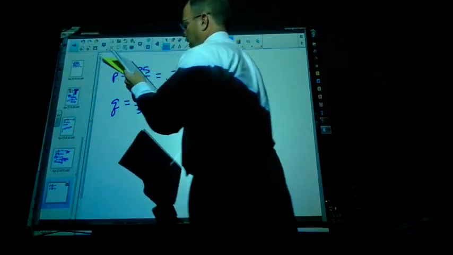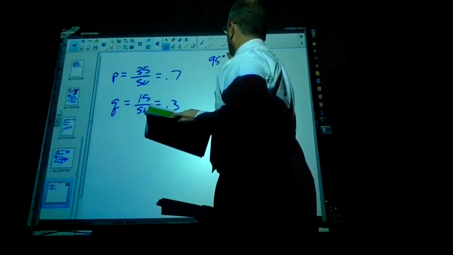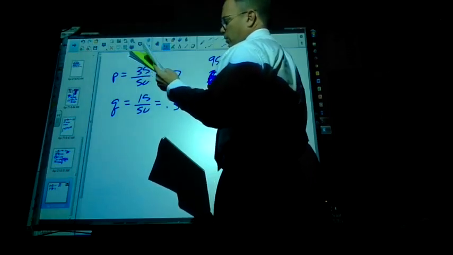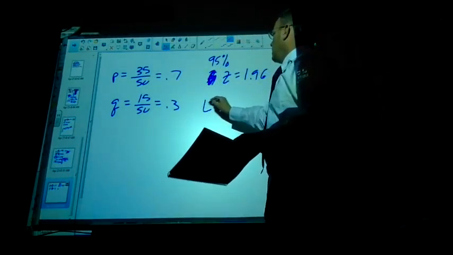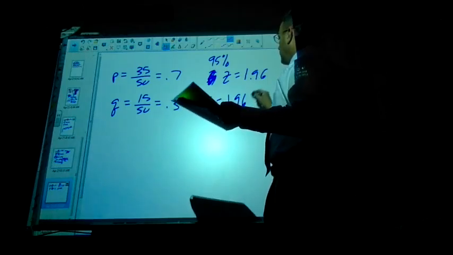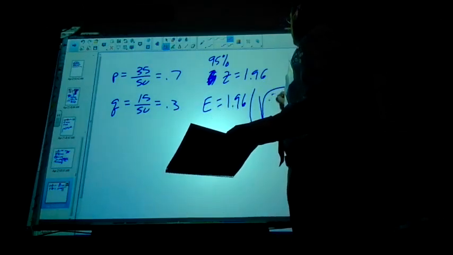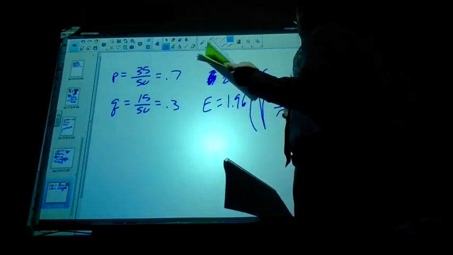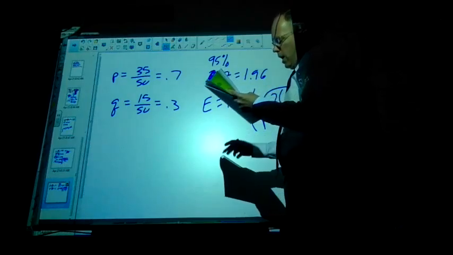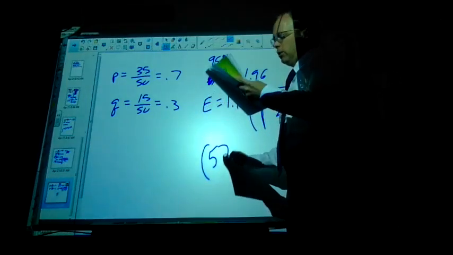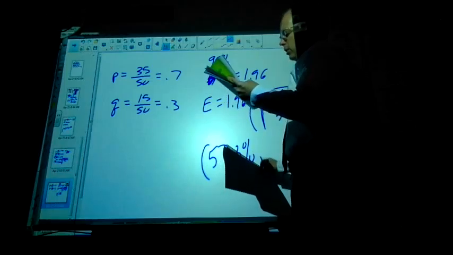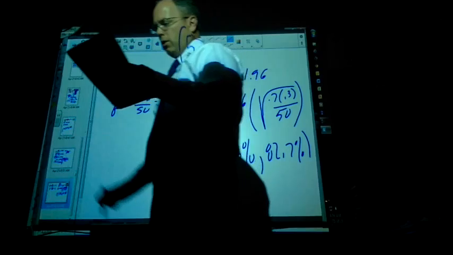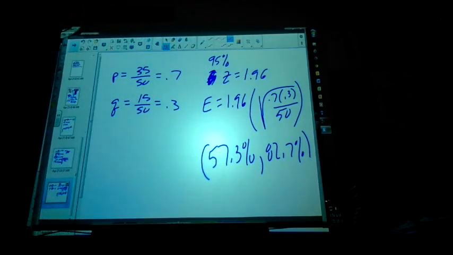So we want to do a 95%, so Z equals 1.96. So E equals 1.96 times the square root of 0.7 times 0.3 all over the 50 kids sampled. And we're going to find that our confidence interval here, if we were to reduplicate this, would fall between those parameters. That would be good to go.